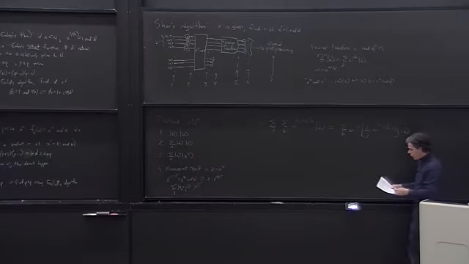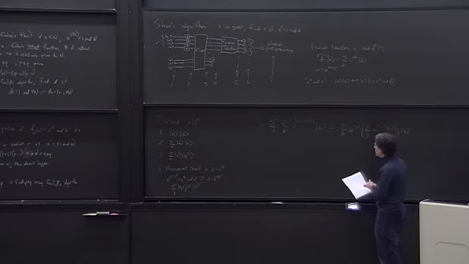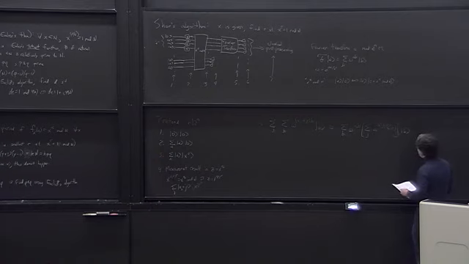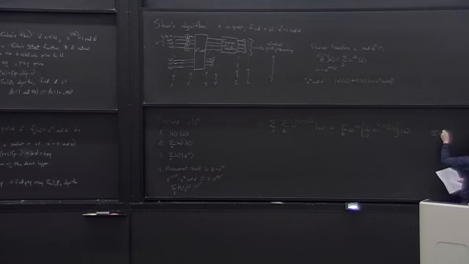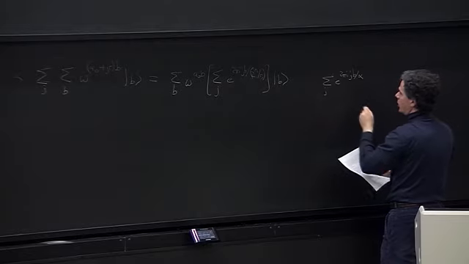OK. So what do we do now? Well, this thing here is a sum of the form e to the 2 pi i jb over alpha, summed over j.